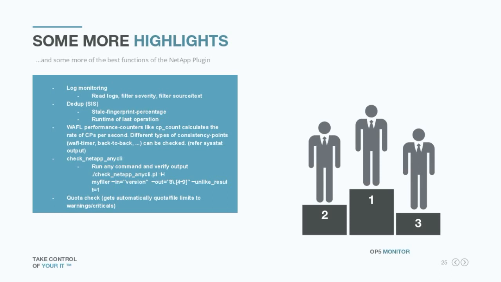You can run commands like version, expecting something out, and check the version of your filer's operating system. And the quota check: if you set a quota for your user or tree, it gets the limits straight from the quota entry, so you don't need to set up those warning and critical limits yourself.